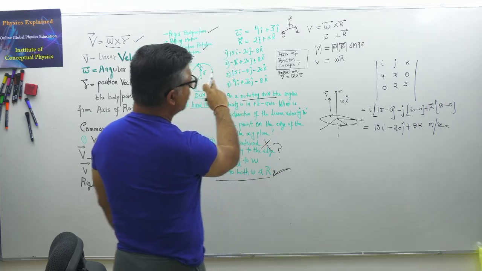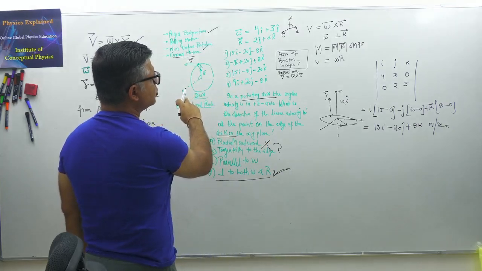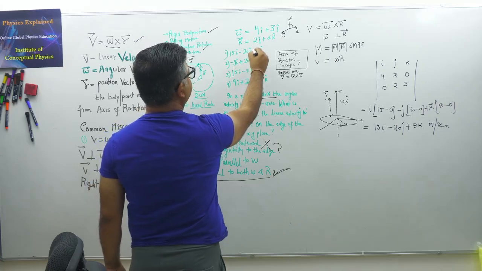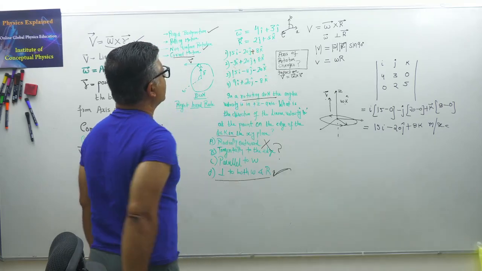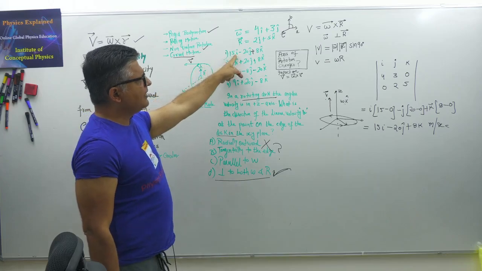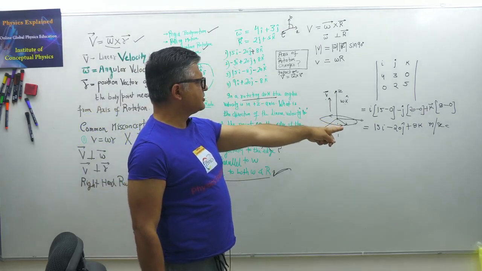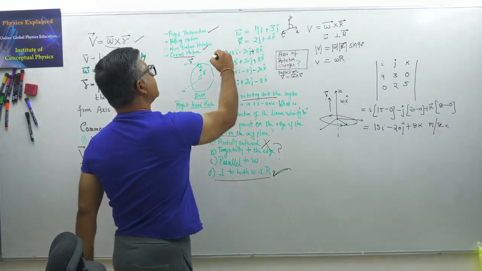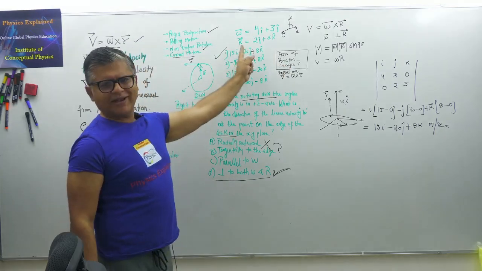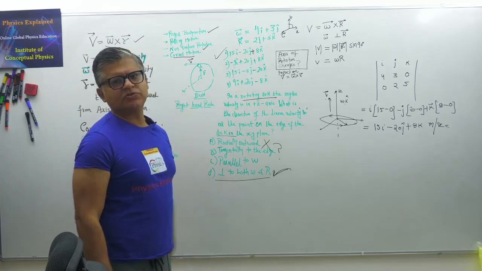I think the choices are not correct. The correct choice should have been this one, right? So it is plus 8k. Okay, sorry about that. I think this should be 15i minus 20j plus 8k. So the answer number 1 is the correct one. I have corrected the first choice. Seems the answers were not correct.